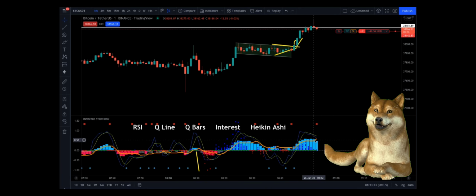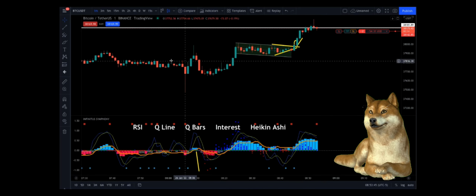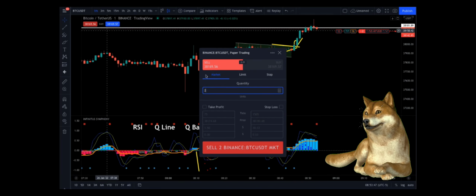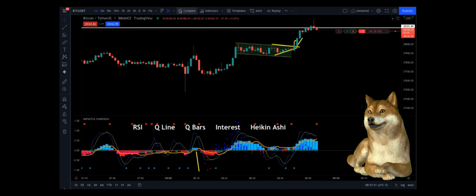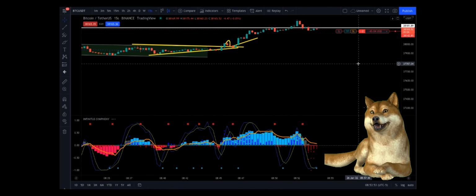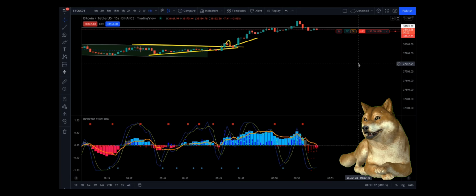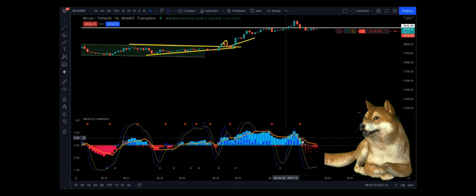Look, QE's line bars are going down. Yeah, okay. So it's going in our favor. So I'm gonna sit on this. Look at this. QE bar going down right here.